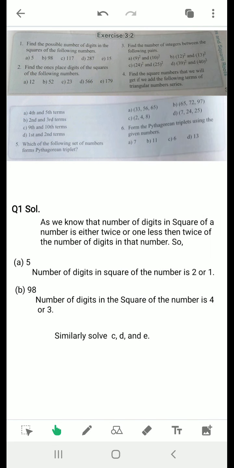Now let us read question number 3: find the number of integers between the following pairs.